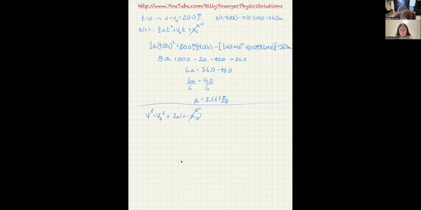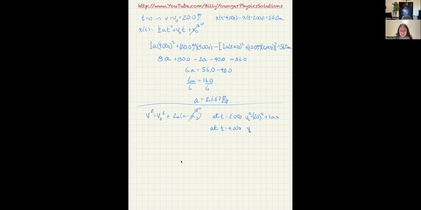So what I do is say at t equals 2.00 seconds, we've got v squared equals 20 squared plus 2 times a times x. And then at t equals 4.00 seconds, we've got v4.